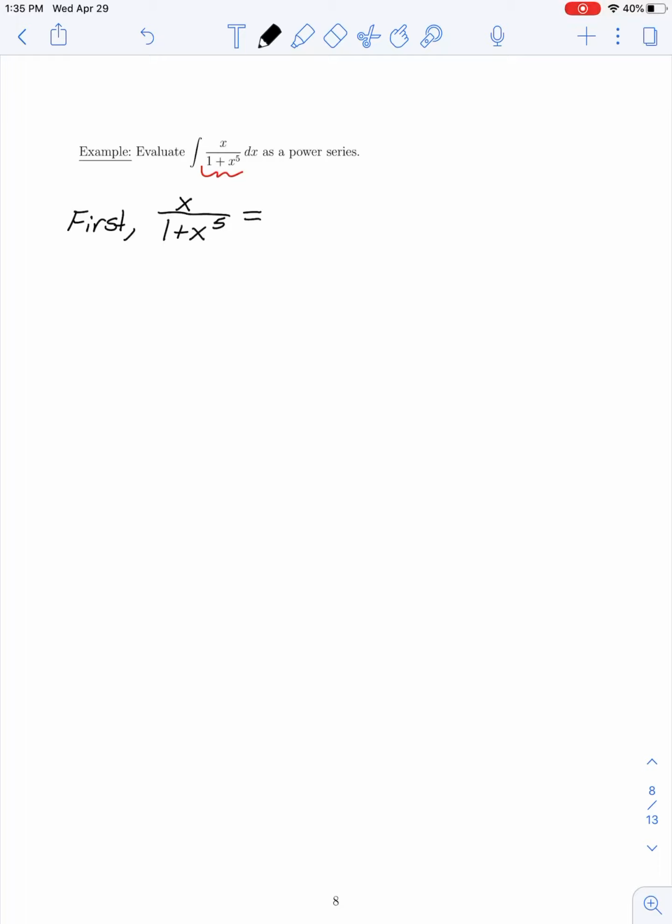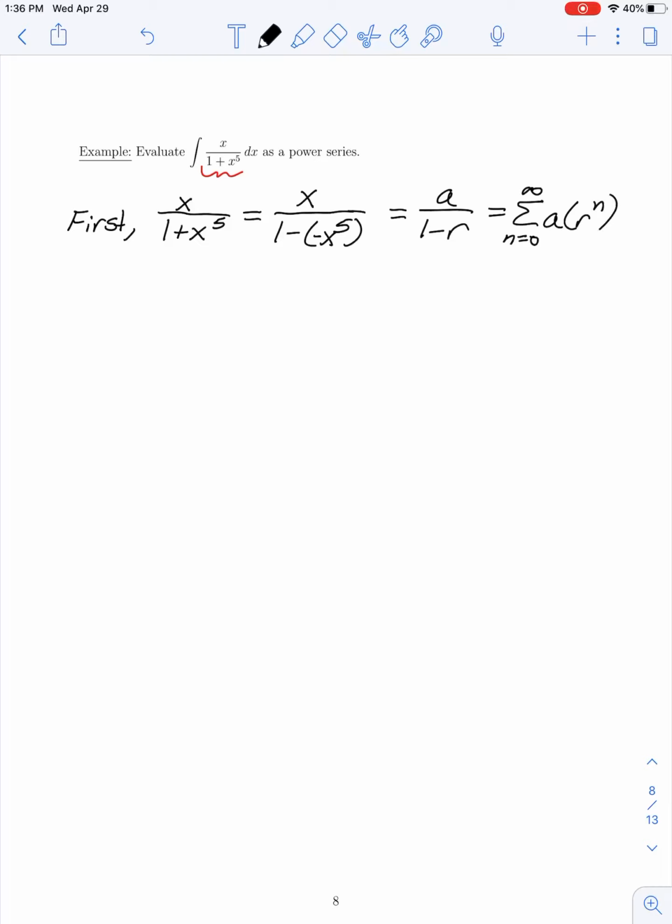So I could think about this as x over 1 minus negative x to the fifth, and this now has the general form a over 1 minus r. It looks like the formula for the sum of a geometric series, where we would go from 0 to infinity, a times r to the nth power.